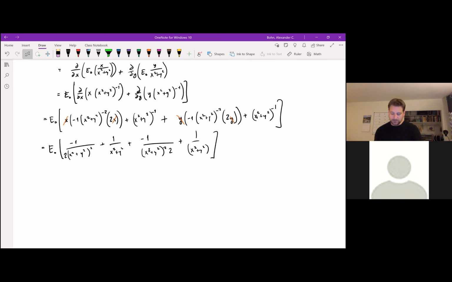I don't see a good simplification here. I mean, there's two of this. There's two of both of these terms.